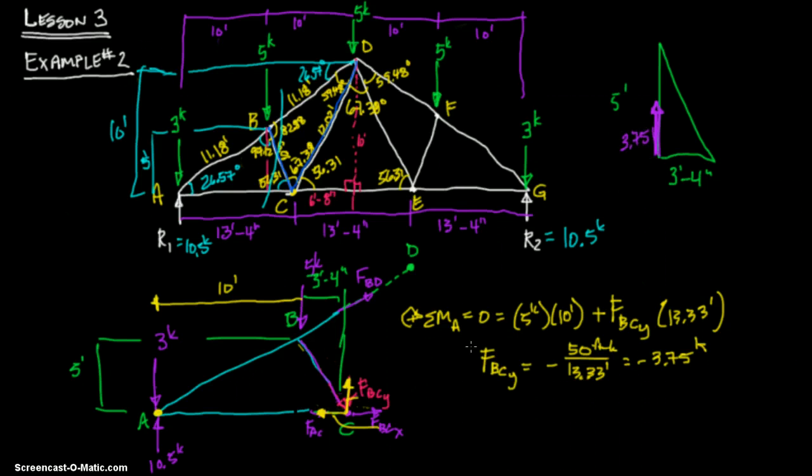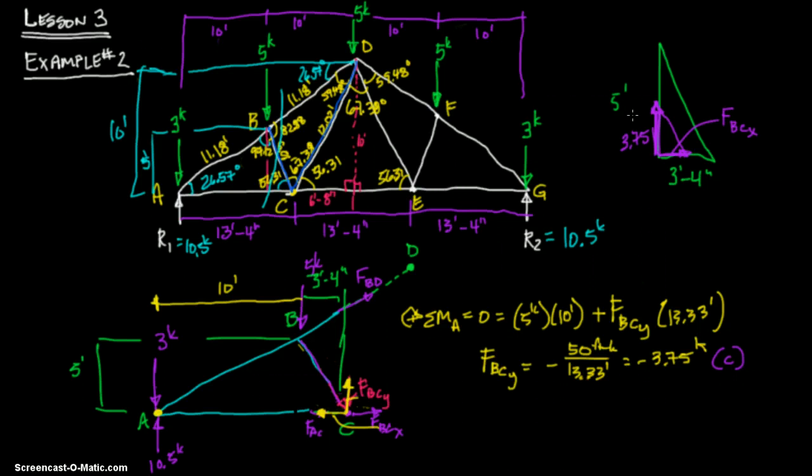That's going up because we assumed, or you could say, compression, so we don't get confused. And then we need to figure out what this is, because remember, these are similar triangles, and this is the force of BC in the x direction.